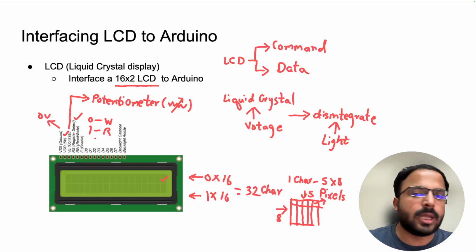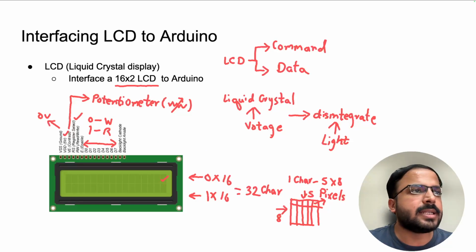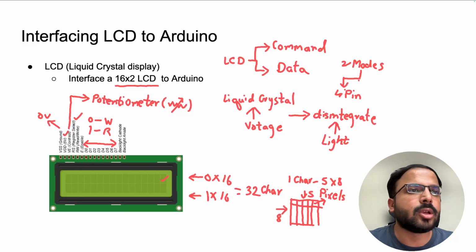Now enable, to enable the LCD we'll use this. Now these are your data pins. Our LCD in general works in two modes. One is the 4 pin mode, where we use 4 data pins, or we can use 8 data pins.